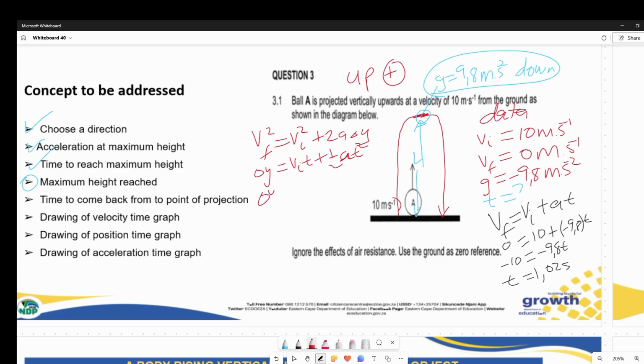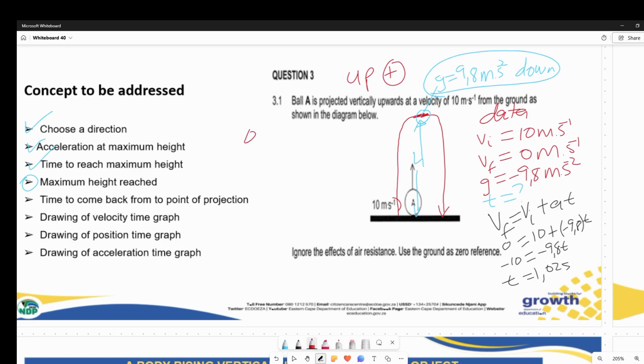Also, you can calculate using the equation delta y equals V initial plus V final divided by 2, all multiplied by delta t. So you choose the one that is suitable for you. On this one, let's choose the last one in terms of calculating that.